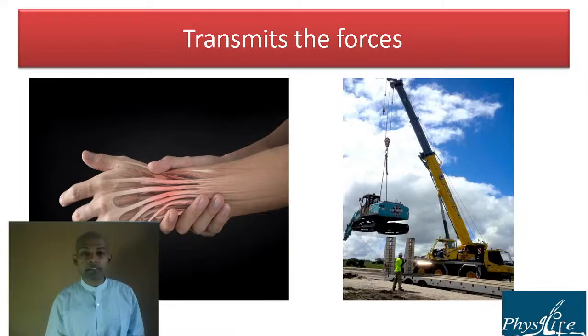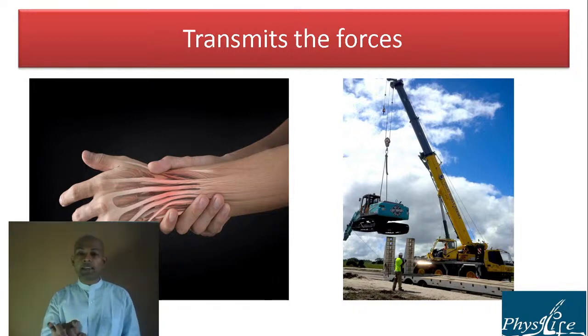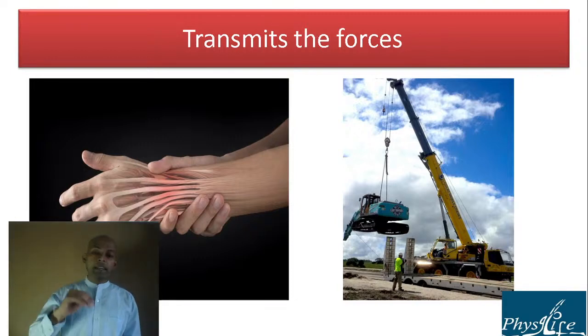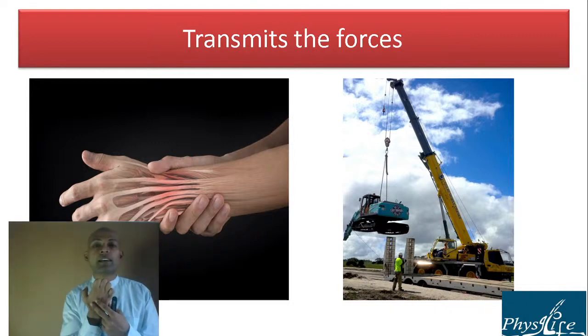The other function of the fascia is that fascia transmits forces. So imagine a crane, in the picture on the right-hand side. The motor of the crane, or the driving force of the crane which pulls the weight, is not on the rope. The motor is down there near the engine. But the forces are transmitted to the effector via the ropes. Similar things happen with our tendons.